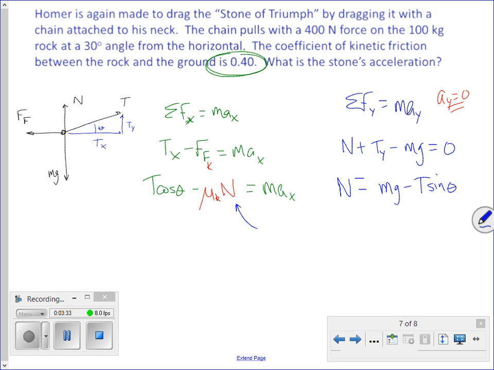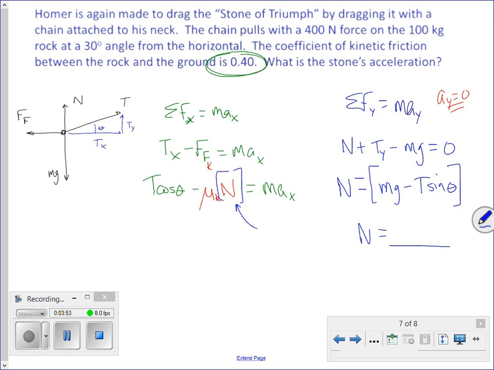So what we can do is take all this stuff and pipe it into here for the normal force. If you want to actually calculate the numerical value of the normal force and then plug that number in over there, fine, no problem.